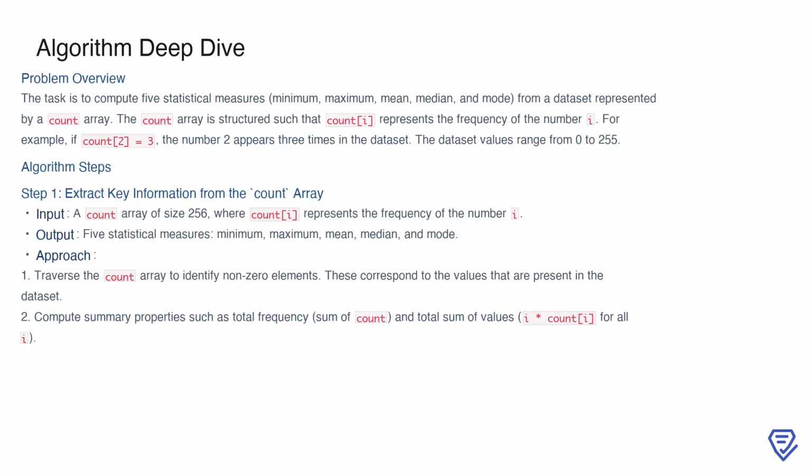To begin, we extract essential information from this count array. This means identifying all non-zero elements to figure out which values are present, calculating the total frequency of elements, and determining the total sum of values using the formula i*count[i], for all indices i. This summary information will serve as the foundation for the rest of the computations.